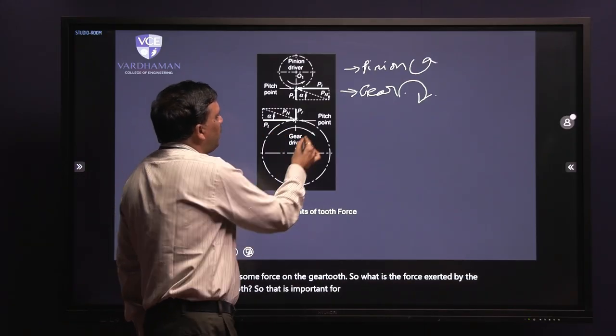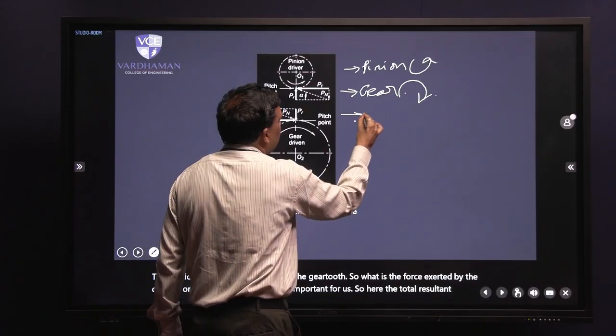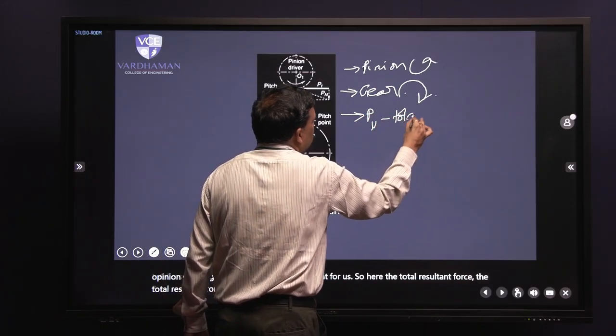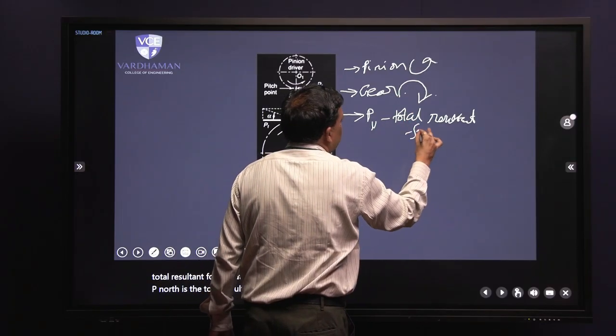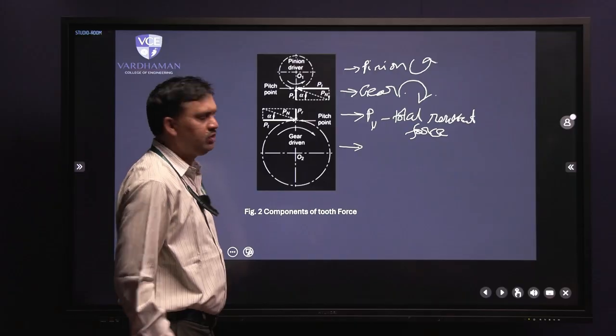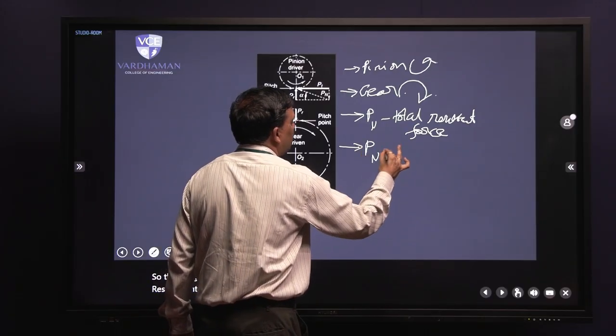Here Pn is the total resultant force. That Pn is again resolved into two components.